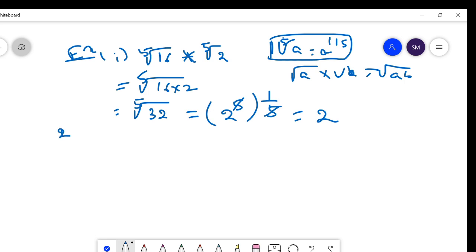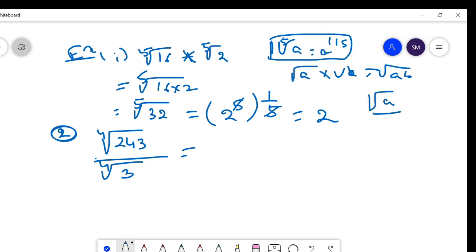Another example, example 2. Suppose 243 to the power 1 upon 4 upon 3 to the power 1 upon 4. Then just recall the identity: root a upon root b is equal to whole root a upon b.